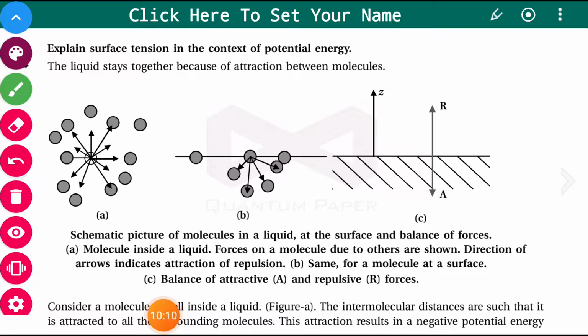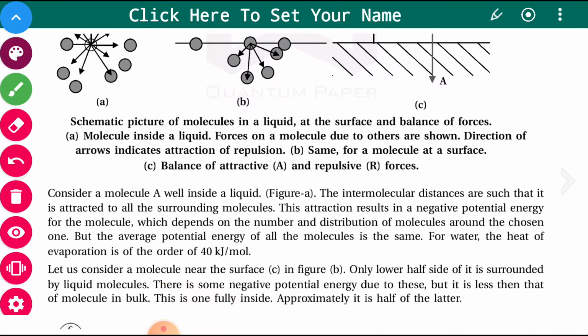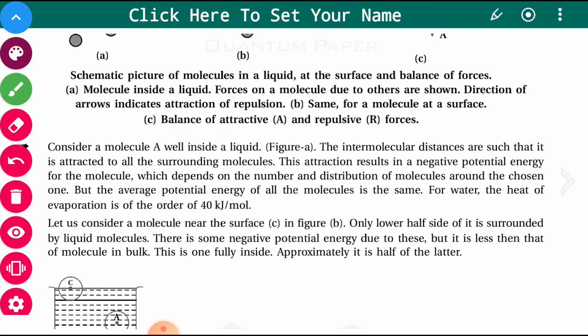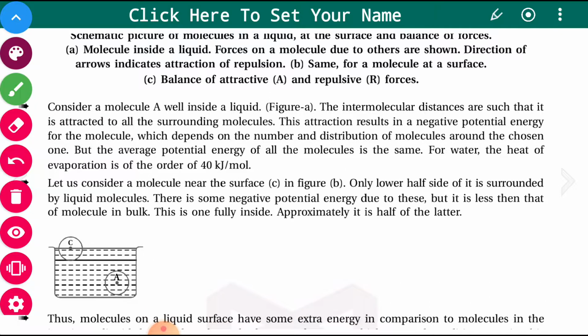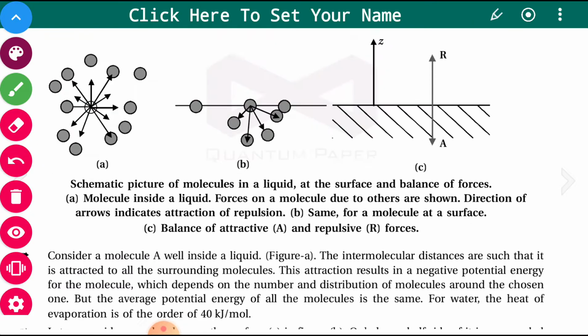Now the new topic is surface tension in the context of potential energy. The liquid stays together because of the attraction between the molecules. Molecules of a liquid have comparatively more attractive force than those of gases. Now consider a molecule A well inside the liquid.